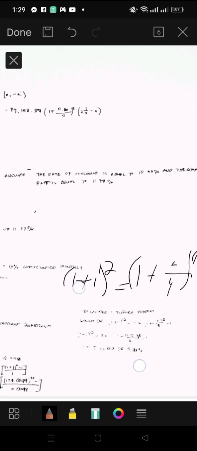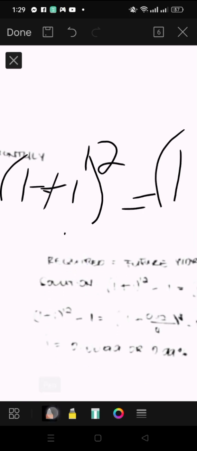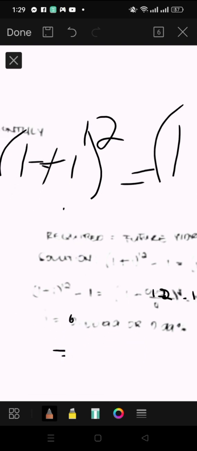Then the answer for I is 0.0099 or 0.99 percent. So our n in 4 years is 4 years times 12, which is equal to 48.